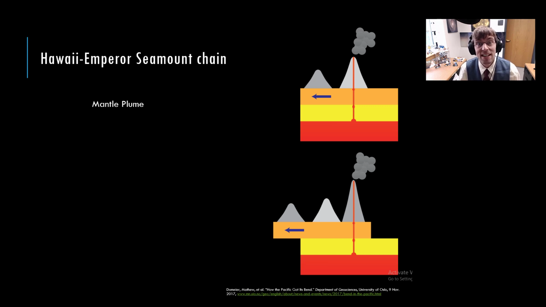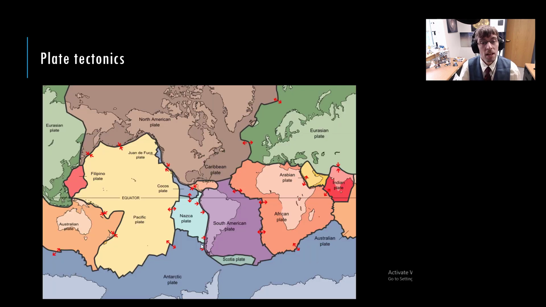So here's the status of where we stand today. As I've mentioned, GPS has given us a good idea about the motion of the tectonic plates. And you can see that the Earth is divided up into maybe a dozen plates or so. Some of them rather large, like the North American plate.